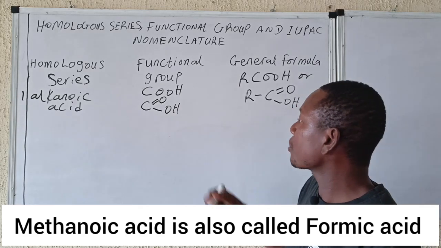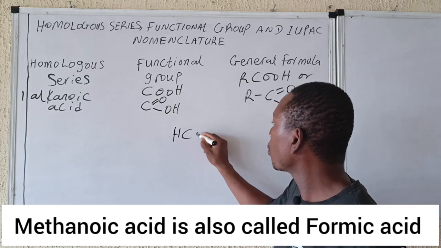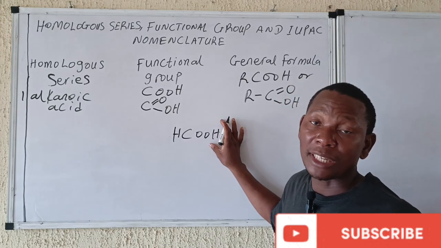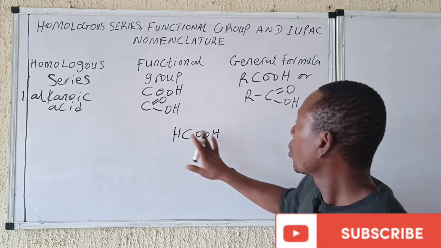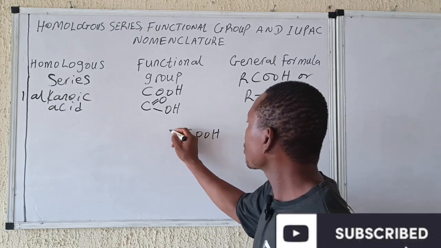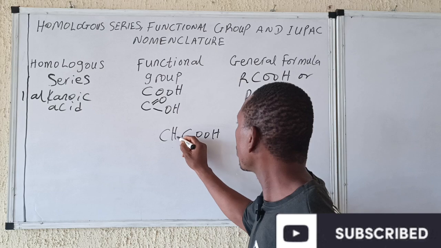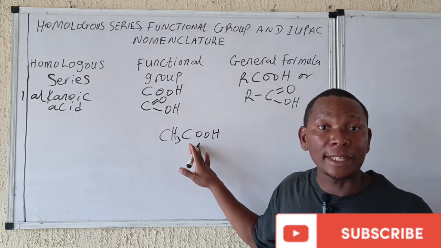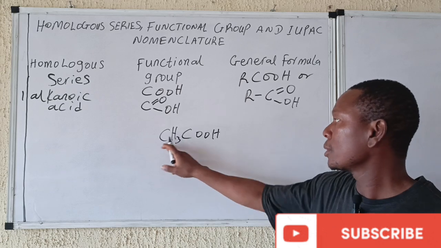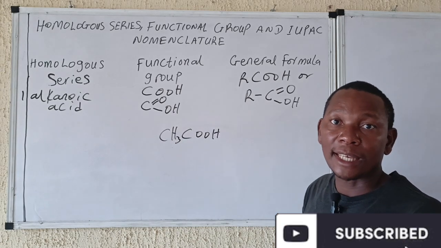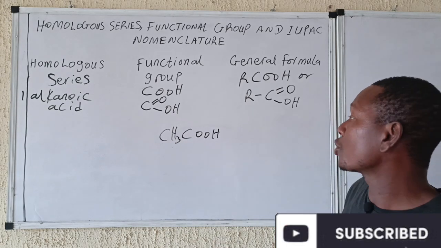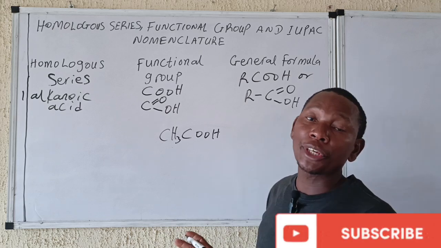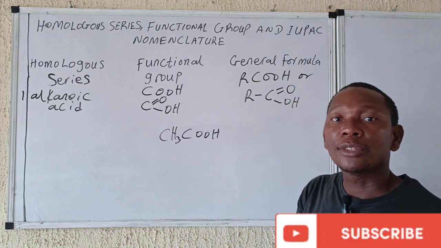Hypothetically, the first member is supposed to be like this, HCOOH, methanoic acid. But the second member is CH3COOH. This is ethanoic acid. Remember, 2 carbons. Ethanoic acid. The third member of this group is what? Propanoic acid.